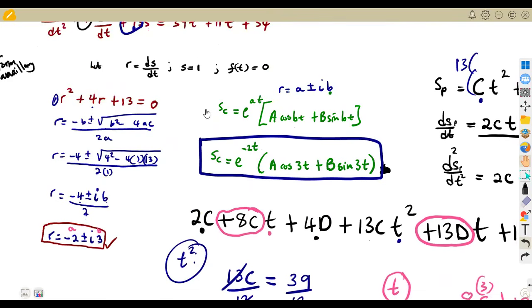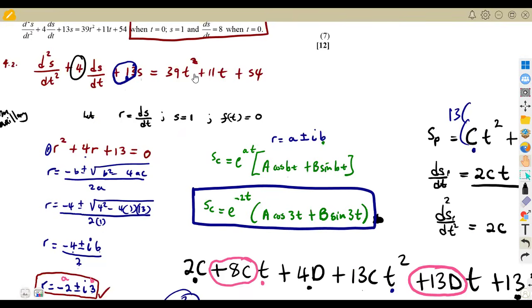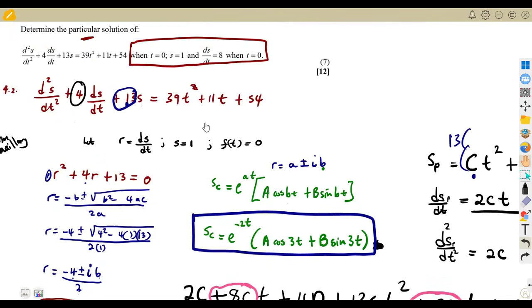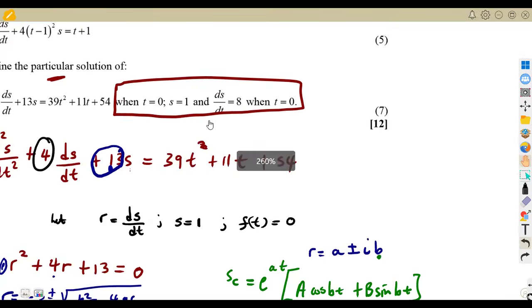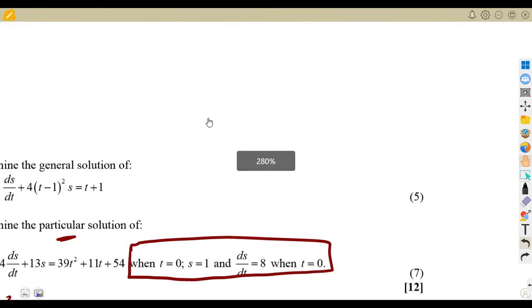We have to go back now to this information when t is equal to. Let me put it this way. This information here that we are given, that is the information that you are going to take into consideration now to find what? To find your particular solution.